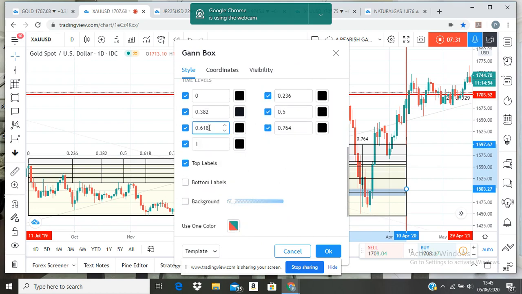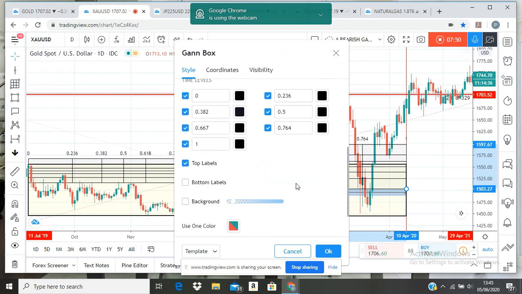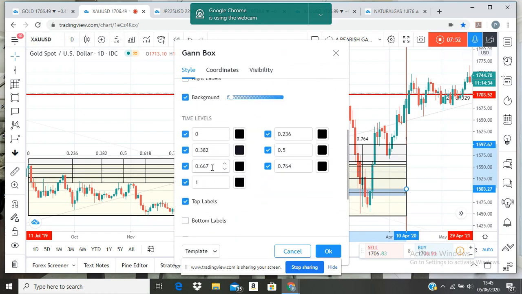We'll just change this to 0.667. Let's see. This is 0.667, not exactly on the top. You can check again for 0.707, which we said the other time is the inverse of a square. So let's check for 0.707.